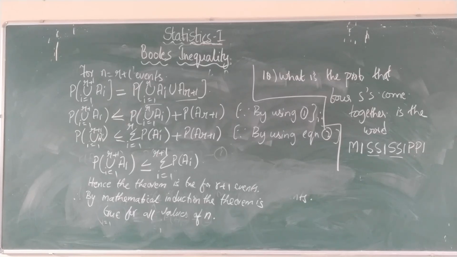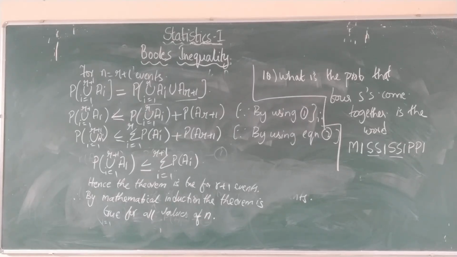We have to get the 4 S's together at a time, right? So 4 S's, 4 I's we have, 1, 2, 3, 4 I's, and 2 P's we have. So 11 factorial by 4 factorial into 4 factorial into 2 factorial. That will be your n value, and how will you find the m value?